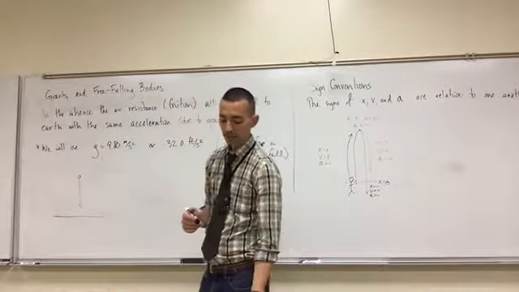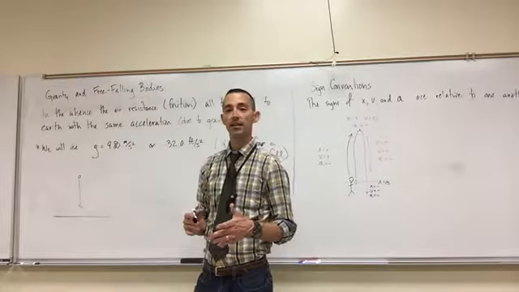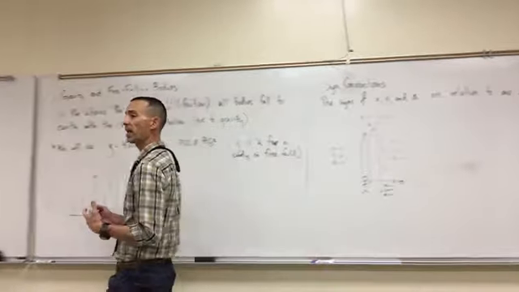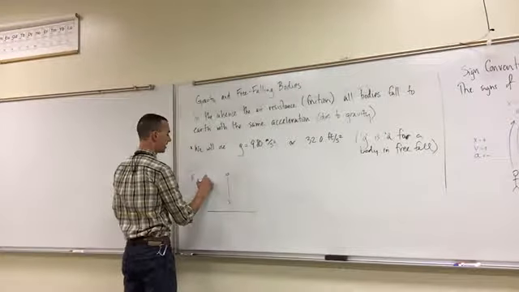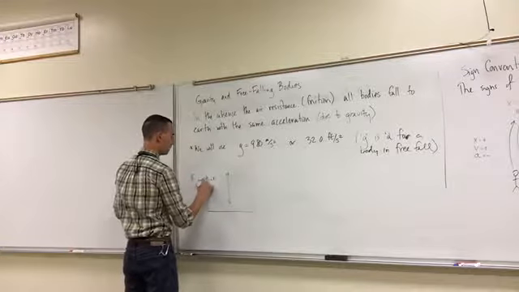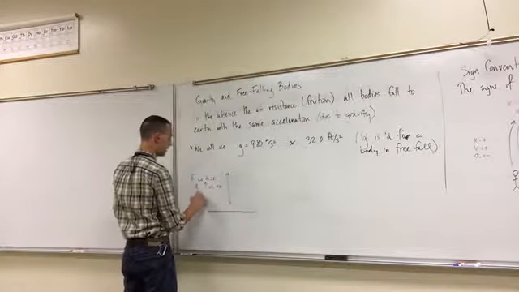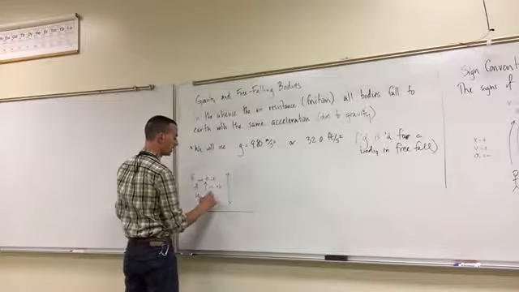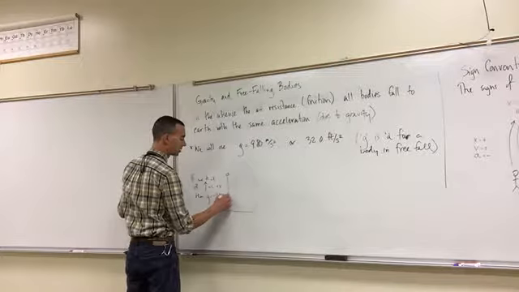We have to be careful about the sign again. If we think of the upward direction as positive for x, then g equals negative 9.8 meters per second squared.